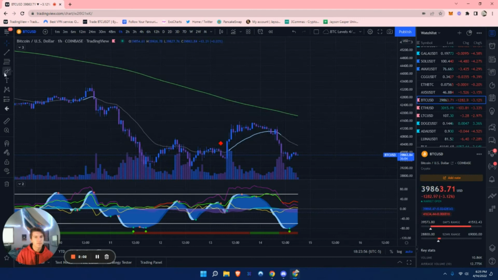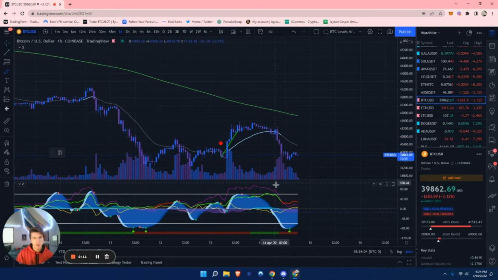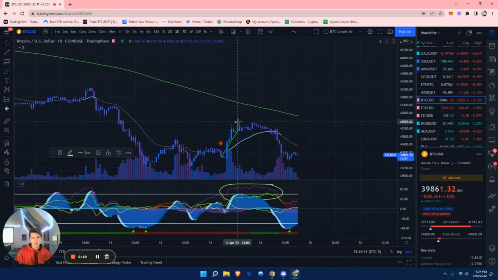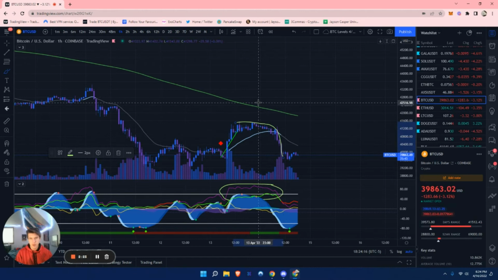And as you can see, as we had price pumping up here into these highs, we had Market Cipher B showing us very split and very oversold RSIs as price just consolidated sideways and then finally dumped down.